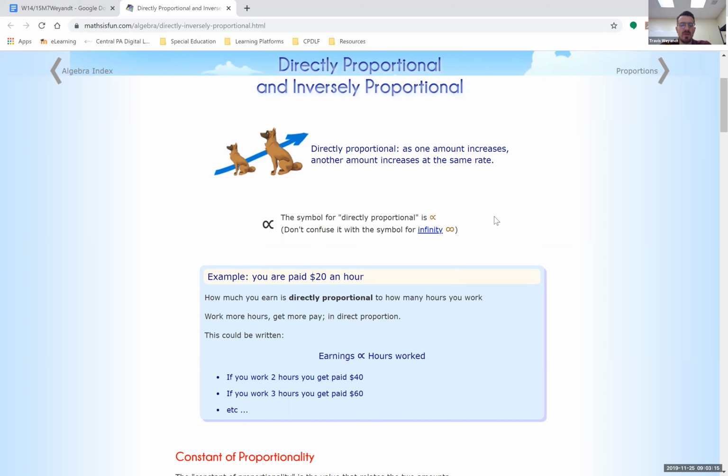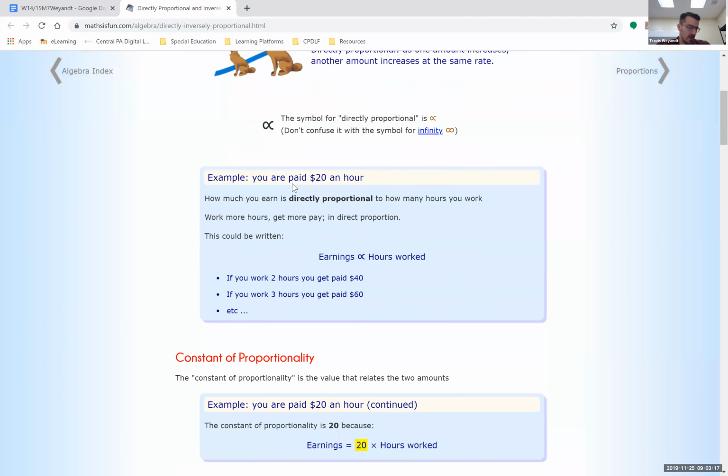An example that we always give is money with hours. The more hours you work, the more money you make. That's a direct proportion. As your hours increase, your money increases. So when both things are increasing, or decreasing, at the same rate in the same direction, we call that a direct.